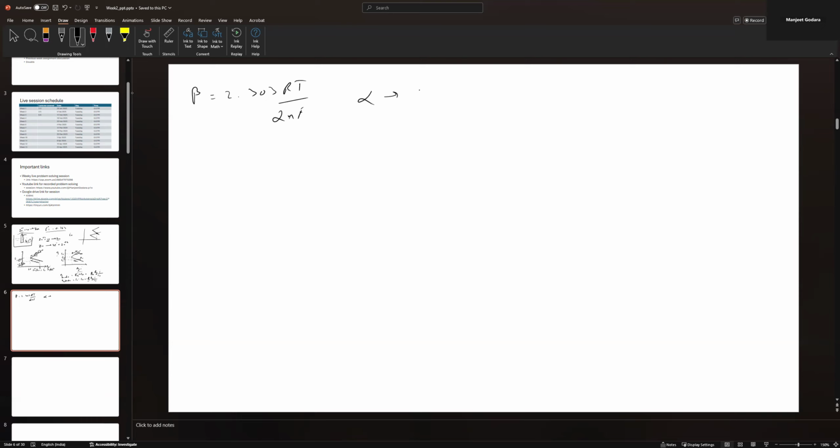Alpha is your transfer coefficient, which is usually 0.5. It depends on how the energy versus reaction coordinate graph looks, and depending on how symmetric or unsymmetric it is, alpha can be greater than 0.5 or less than 0.5. If it's completely symmetric, alpha will be 0.5.